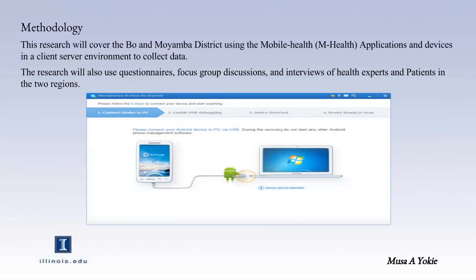That can be a channel we can use for health support, with the mobiles linking up to the computers and our server for data collection, entering a given health facility.